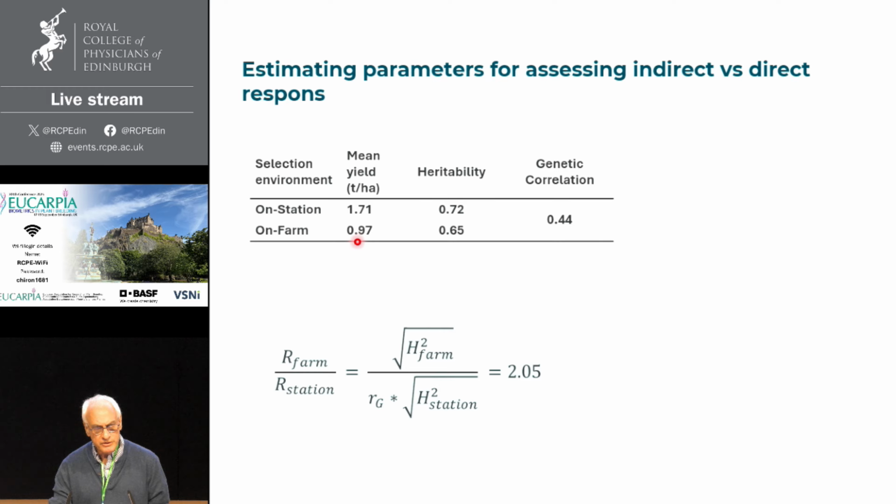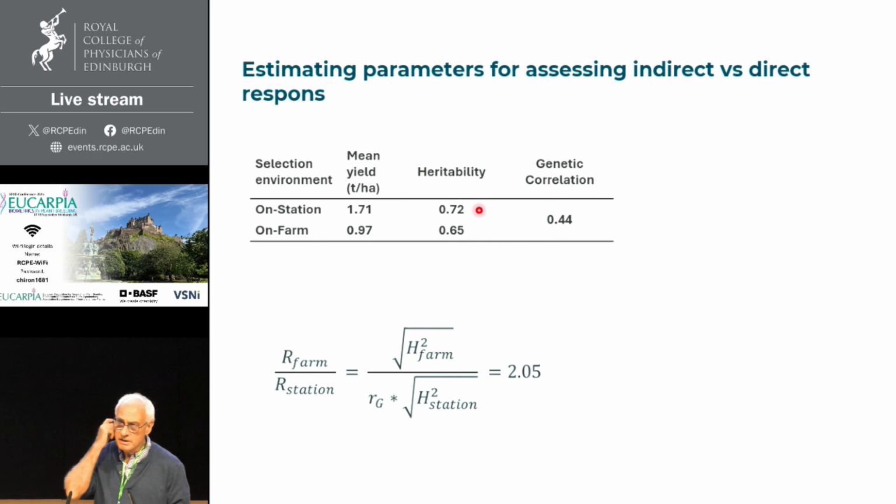Some of the parameters estimated from those trials are presented here. So first of all, you can see that there was a big mean difference between the on-station and on-farm trials. As expected, yields were a lot higher on the research station, nearly twice as high.